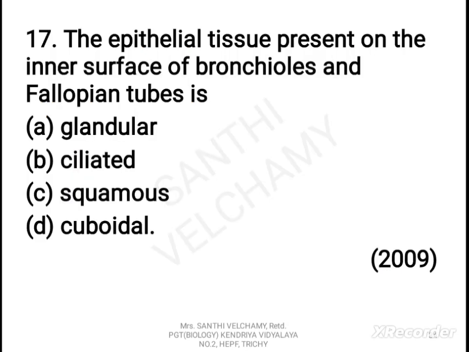Now the next question. The epithelial tissue present on the inner surface of bronchioles and fallopian tube is A. Glandular, B. Ciliated, C. Squamous, D. Cuboidal. The correct answer is B, Ciliated.